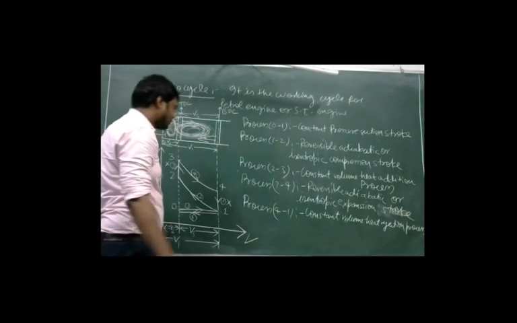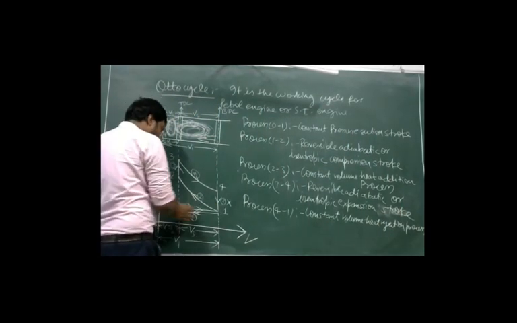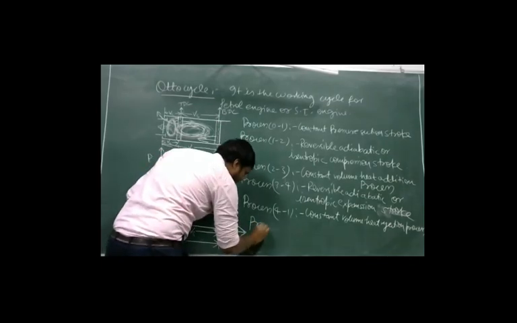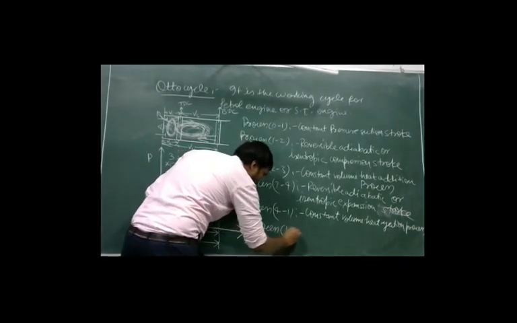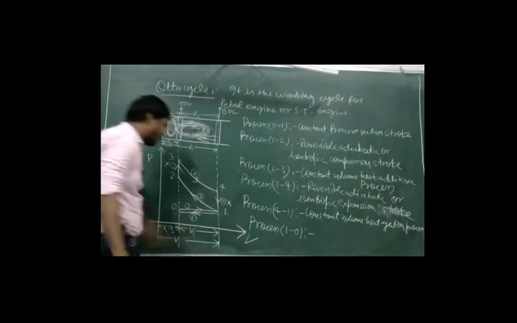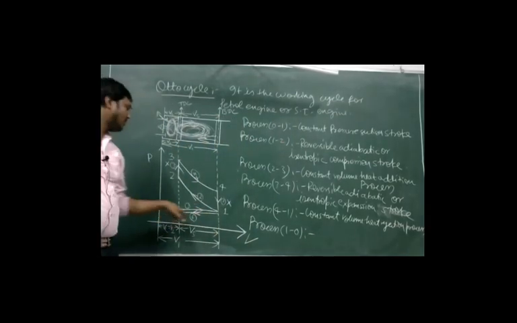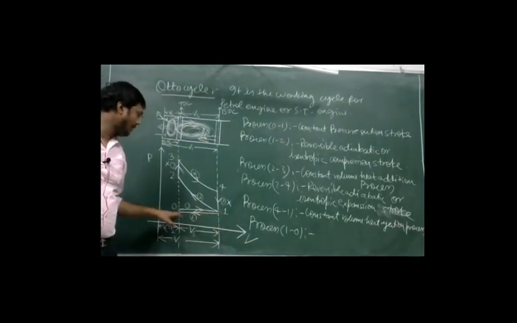Okay, now last from 1 to 0, the 6th process. 1 to 0 is exhaust process, it is also a stroke because we are moving from BDC to TDC.